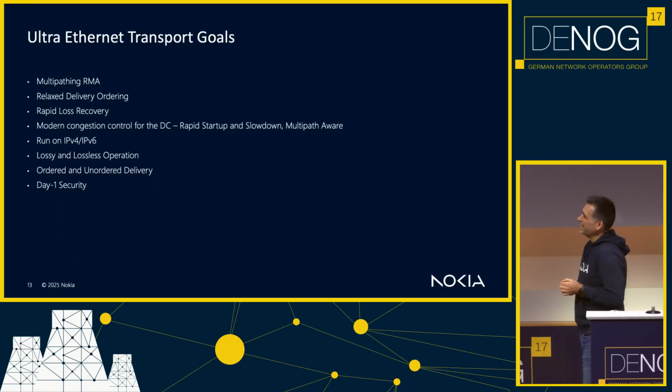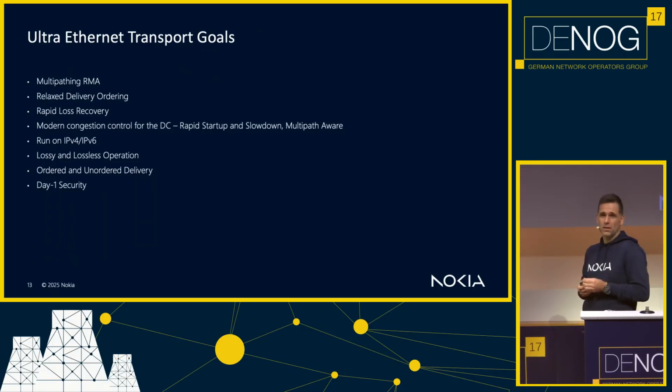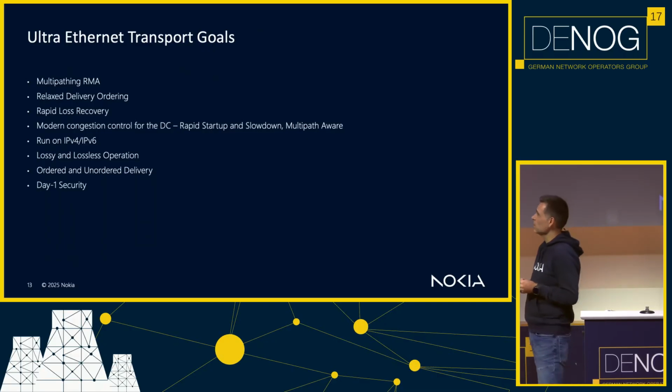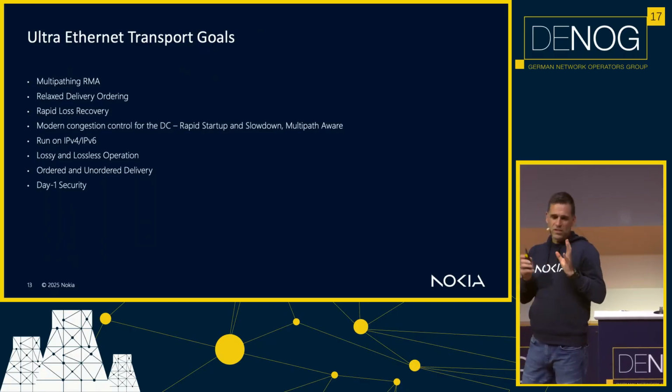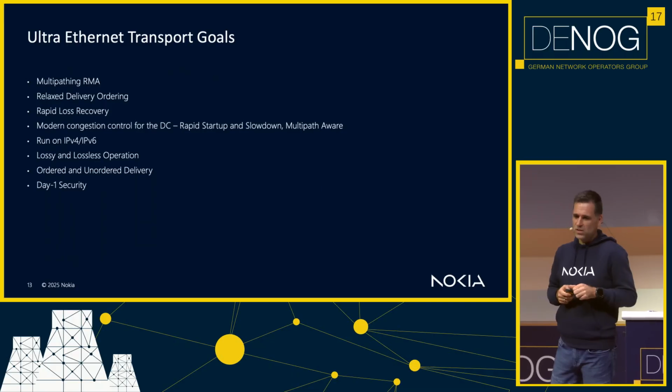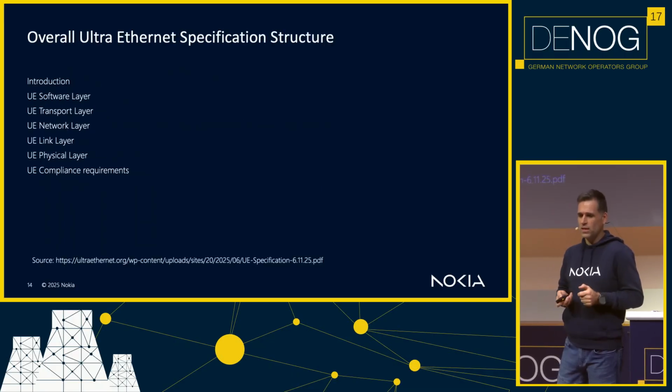I want to at least try to get it lossless. I don't want any retransmits, lost packets or lost frames. So let's try to get that as lossless as possible and implement it. There is also the design goal to integrate security, but to be fair and honest, as of now, not much has happened yet.